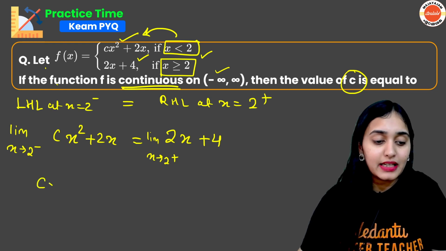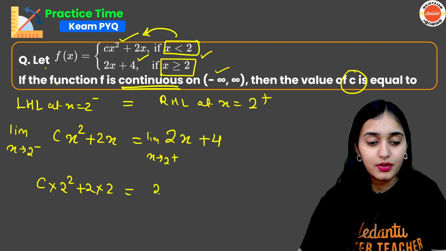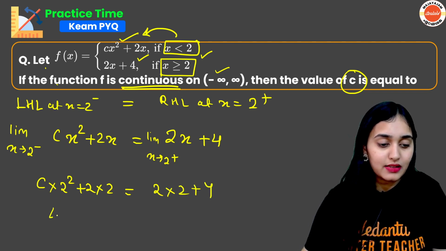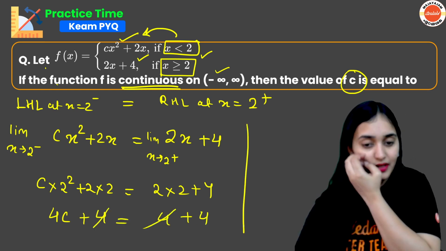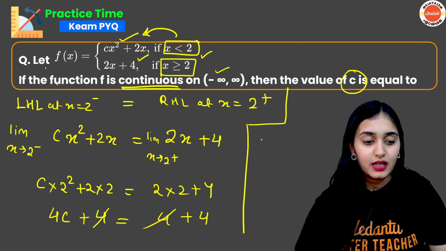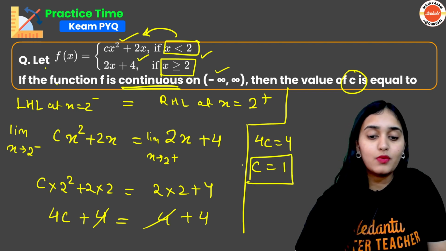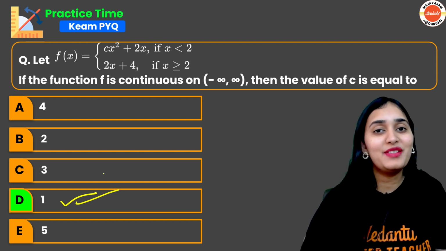So you get c into 2 square plus 2 into 2 is equal to 2 into 2 plus 4. Now 2 square is 4c plus 2 2s are 4, equal to 4 plus 4. 4 cancels. We get 4c is equal to 4. So c is equal to 1. So what should be your answer? Option D, c is equal to 1.